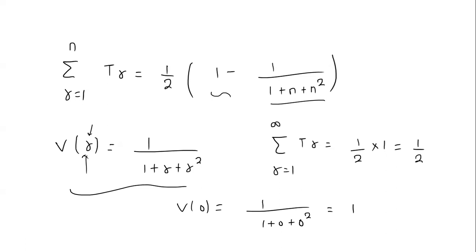Now to find the sum of infinite terms, you take the limit n tending to infinity. This term goes to 0 as n tends to infinity, and the remaining thing is only half multiplied by 1, so it comes as half. So the sum of the infinite terms of this series is half. In this way we can solve this.